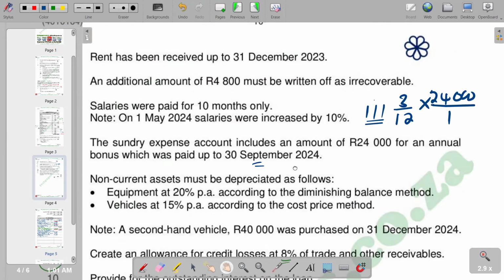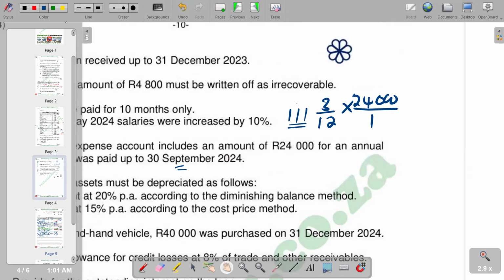If you calculate it like that, it's going to give you 6,000. So this 6,000 is the one that doesn't belong to the current period, but it is inside the sundry expenses. So we need to remove it by subtracting it.